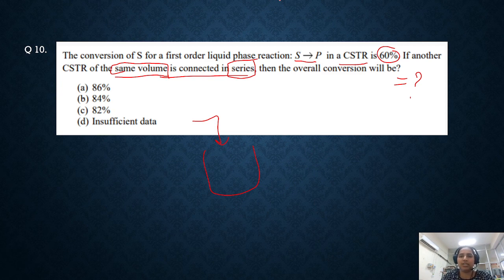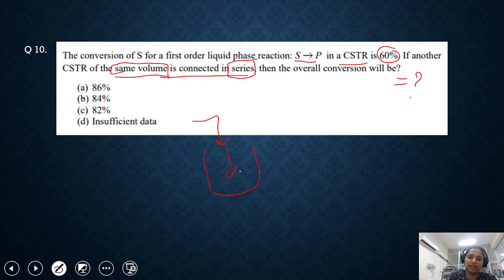So let's study this question again. The conversion of S for a first order liquid phase reaction S to P in a CSTR is 60%. If another CSTR of the same volume is connected in series, then the overall conversion will be? So let's consider that this is a CSTR and substrate is given and 60% conversion is occurring here.